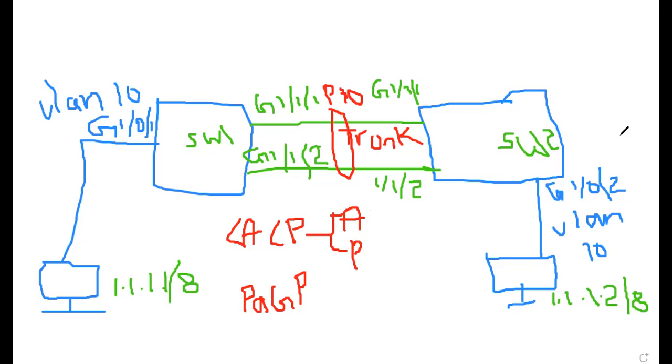You can configure active on both sides or active and passive, but not passive and passive, because when I say passive, it's just waiting to get the info from the other side and no one is ready to transmit. If I'm configuring one side active and the other side passive, the active is ready to push the information, whereas the passive is ready to accept. If both sides are passive, it won't work.